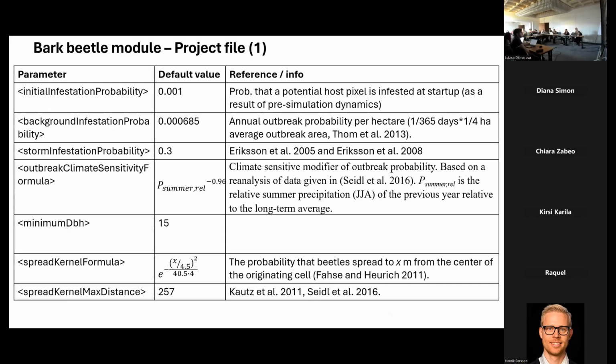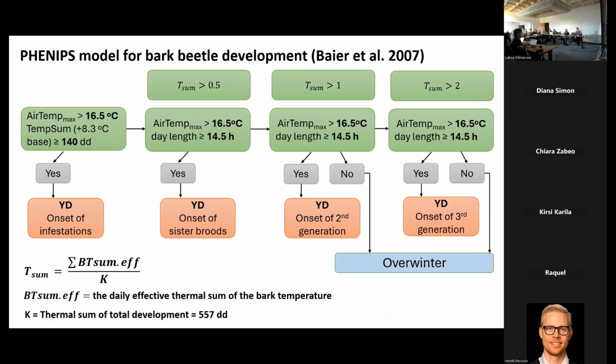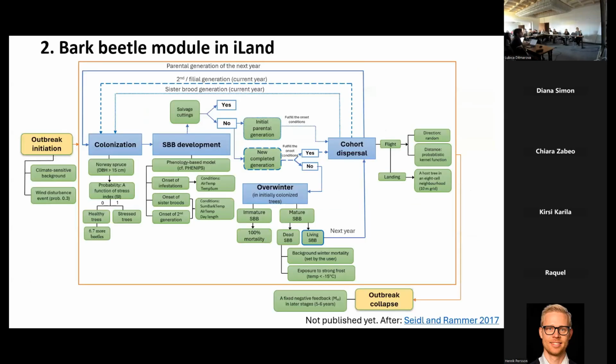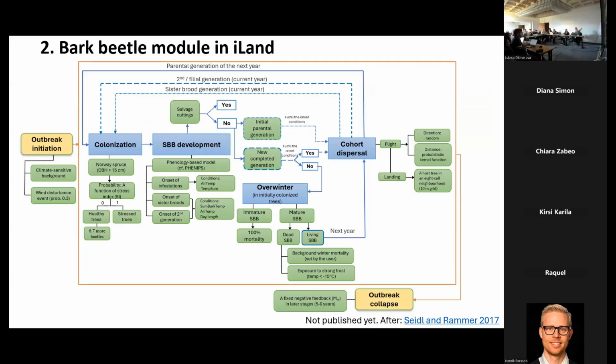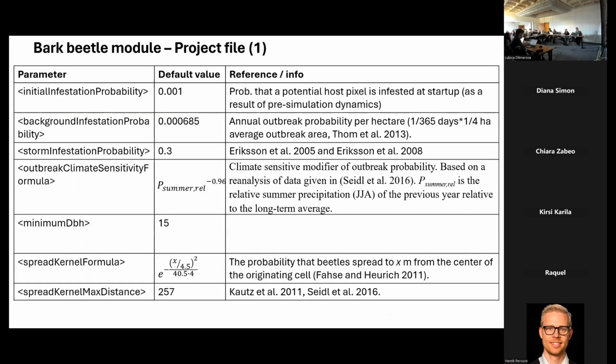Then there is the background infestation probability and the climate sensitivity formula, which is what I said about drought. This is how they calculate the climate-sensitive background, using those two parameters.